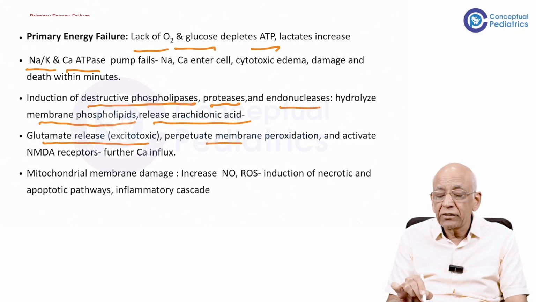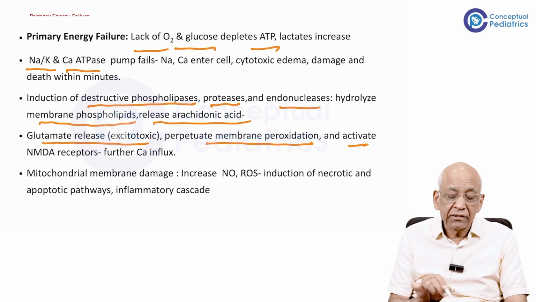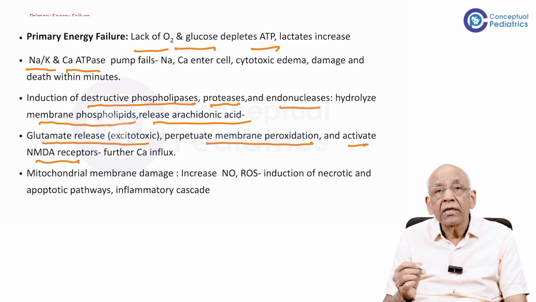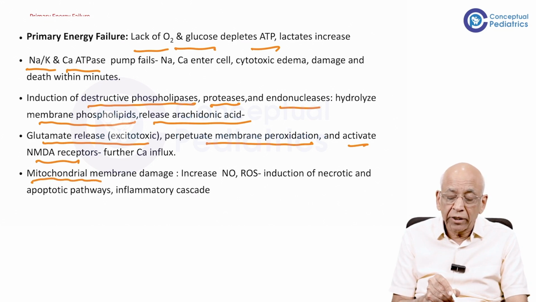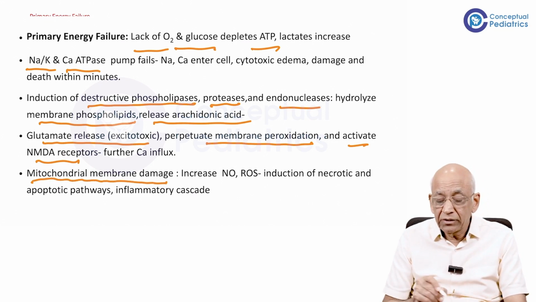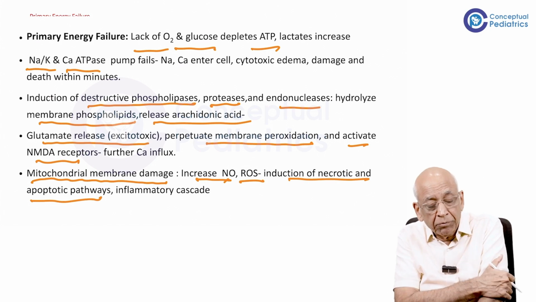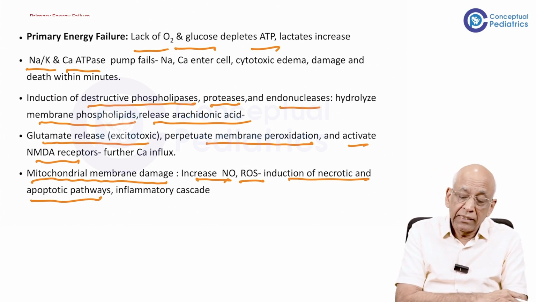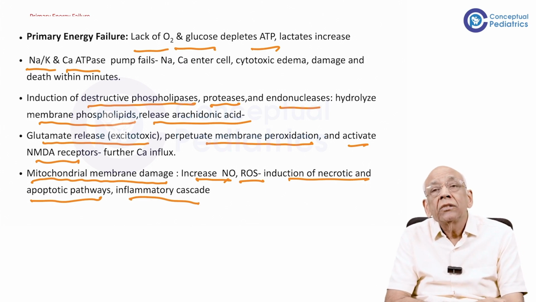It perpetuates membrane peroxidation and activates the NMDA receptor, and there is further calcium influx. All this leads to mitochondrial membrane damage, which increases nitric oxide and reactive oxygen species, and there is induction of necrotic and apoptotic pathways, and the inflammatory cascade also starts.